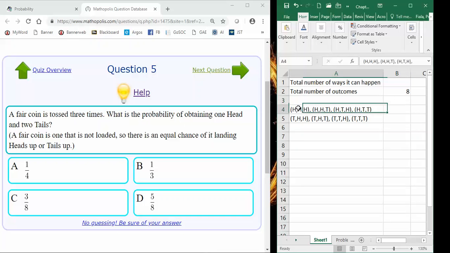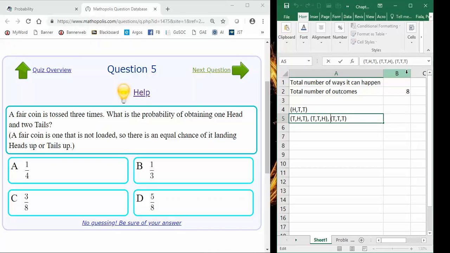Okay, so I'm asking for one head and two tails. So let's go ahead and eliminate the ones we don't need. So one head, two tails. There you go. And then head, tail, tail, head, tail, tail, head, tail, tail. That's 3 outcomes.